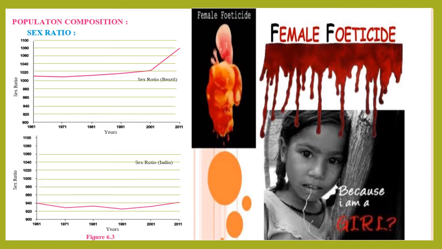It is illegal, beyond the law. The person who goes to determine whether it is a male or female child, and the doctor who does this checking, both of them get imprisonment. So children, you need to keep in mind why the female fetus is killed.